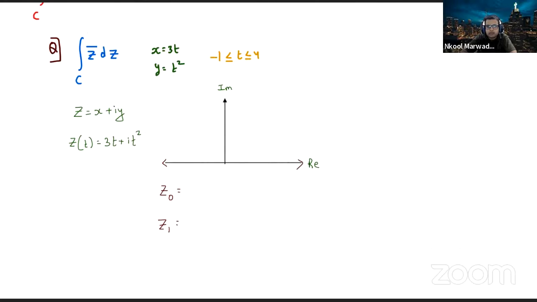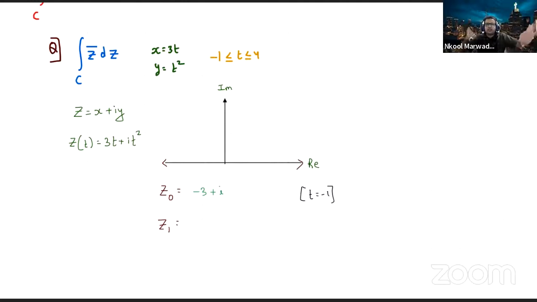When I do that, in the equation I just substitute t equal to -1 and you will get -3 plus i. And once again, for the other point, we are trying to find the extreme points.